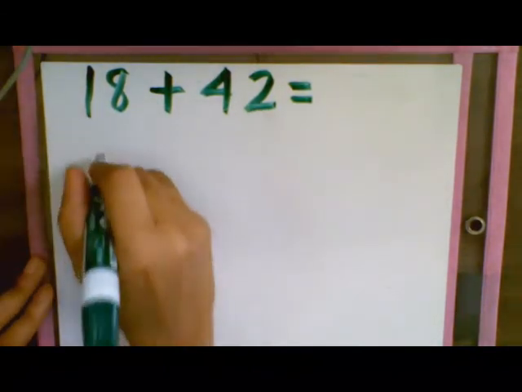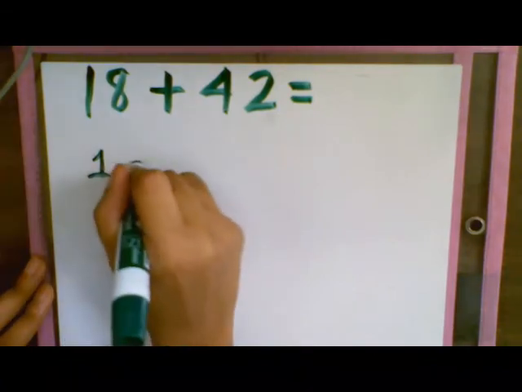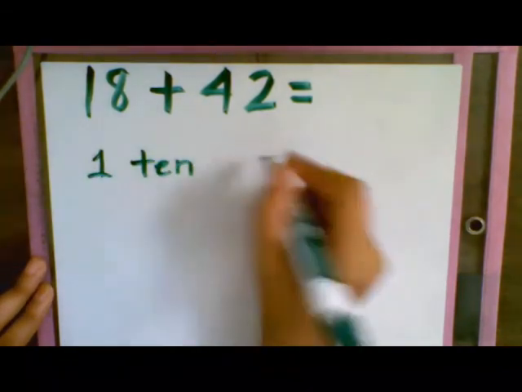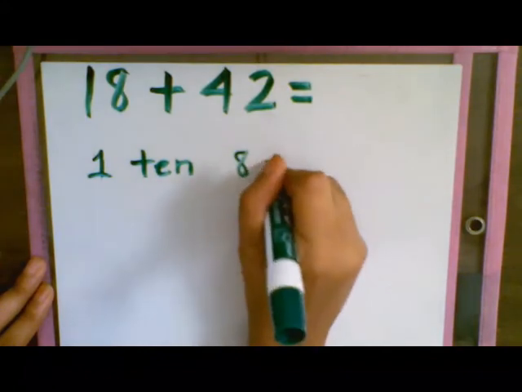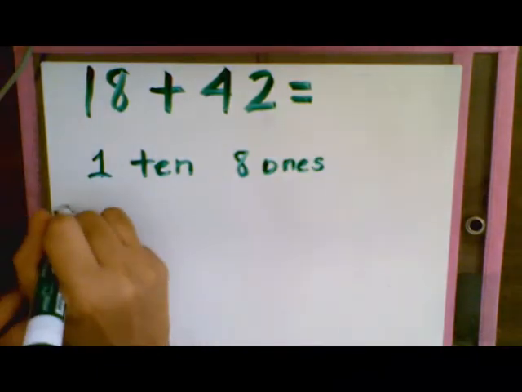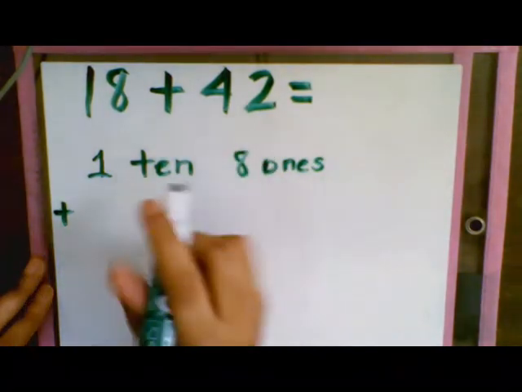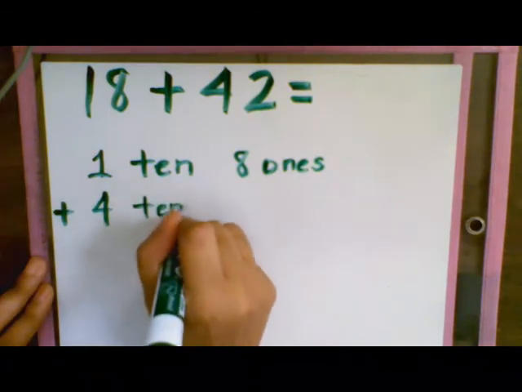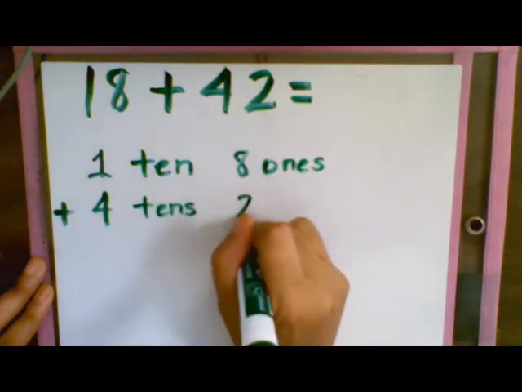So I'm going to write 1 ten, 8 ones, plus we have 4 tens and 2 ones.